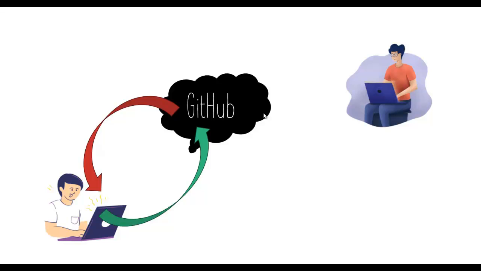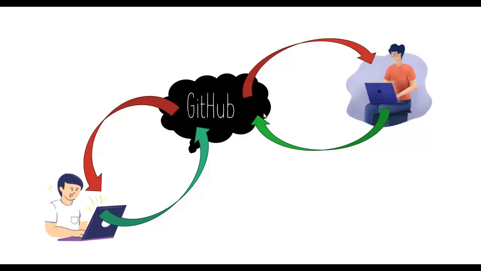After that, your friend will pull the latest code from GitHub and add their own feature and push the changes back. And this process goes on until the software is fully developed. Every time someone pushes and pulls, Git tracks the changes, making collaboration smooth and organized.